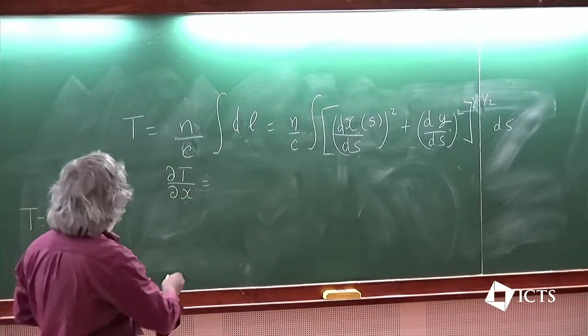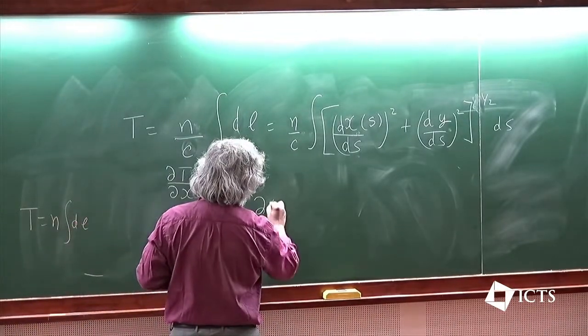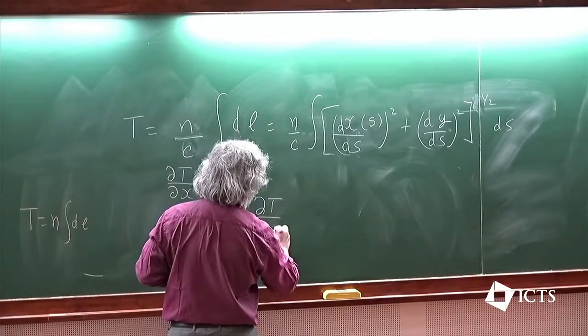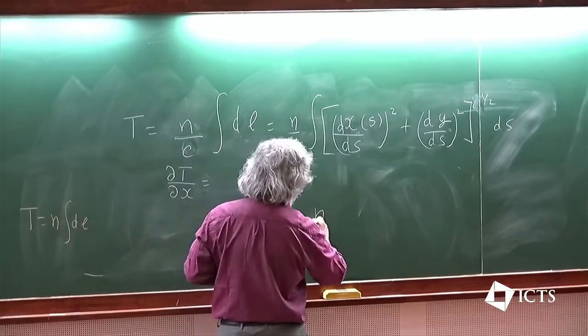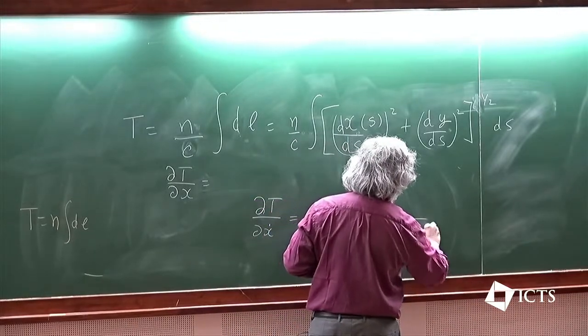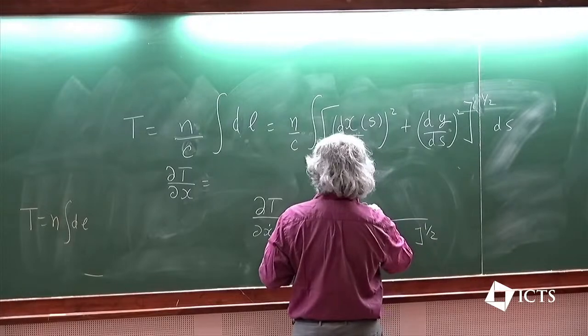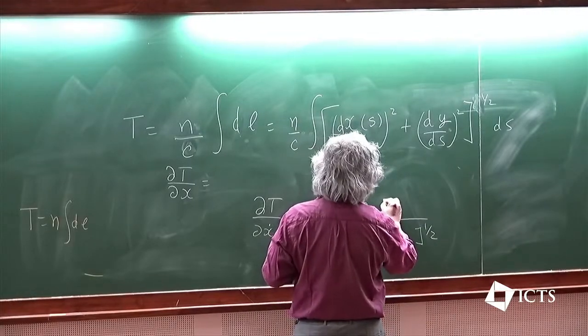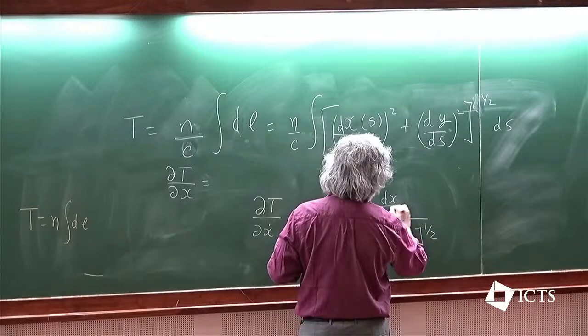Now if I take dt over d x dot, what I'll find is n over c times this whole bracket to the power of minus a half, times twice dx over ds.